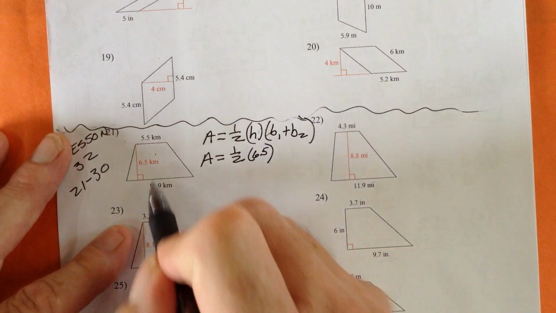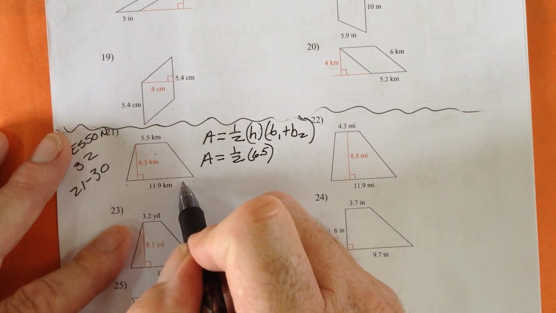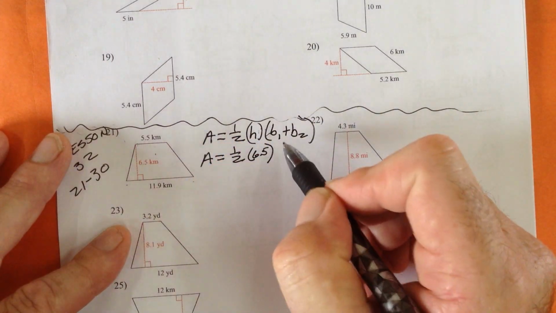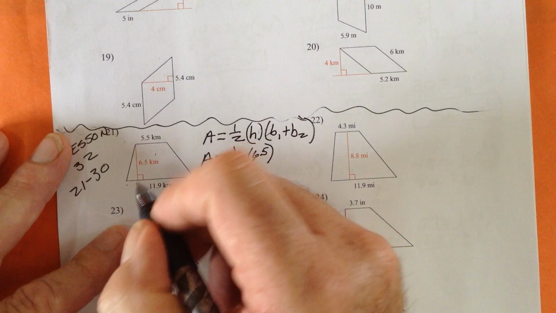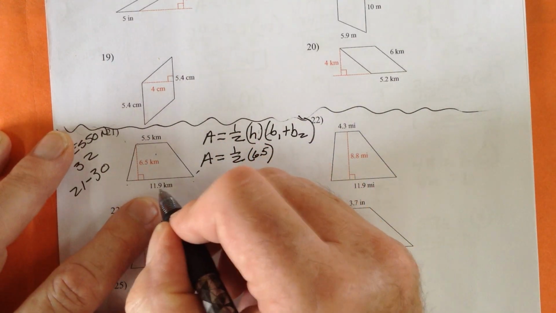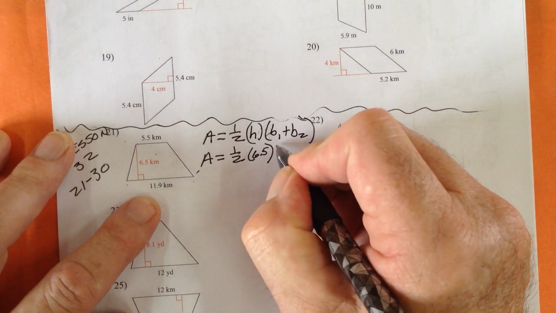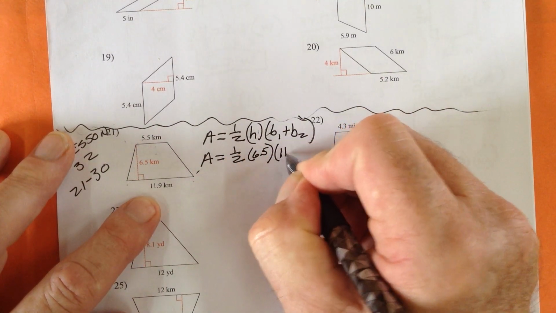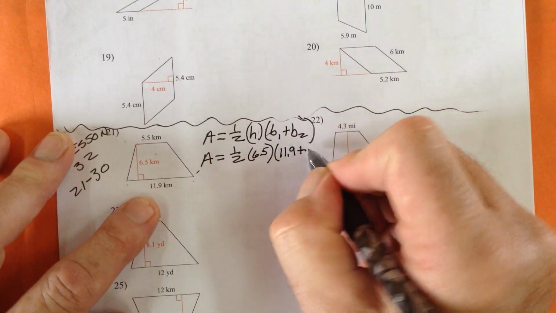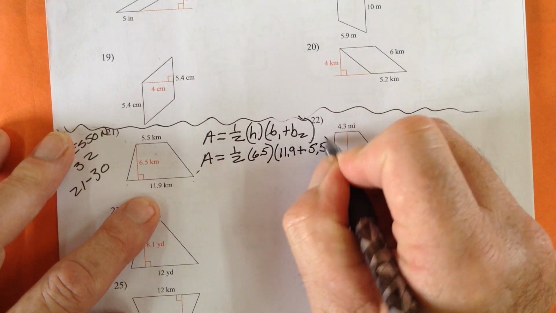B1 and B2: base 1 is the bottom and the other one is the top. It doesn't matter which one you make B1 or B2. But I'm going to say the bottom one is B1, which is 11.9, plus B2, which is 5.5.